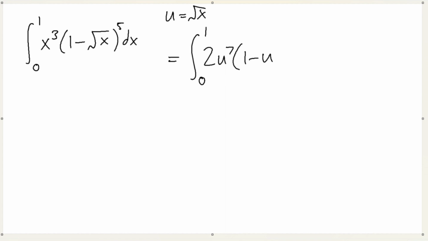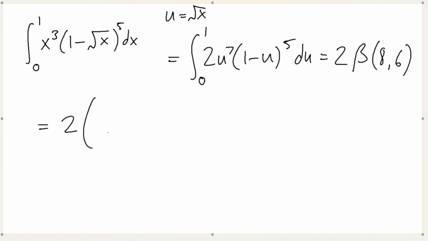And 1 minus u, power of 5. Let's just go straight into beta function. This is just 2 beta of 8, 6. Right, so now this is gamma 8, 7 factorial, gamma 6, 5 factorial. 8 plus 6, 14, 13 factorial.